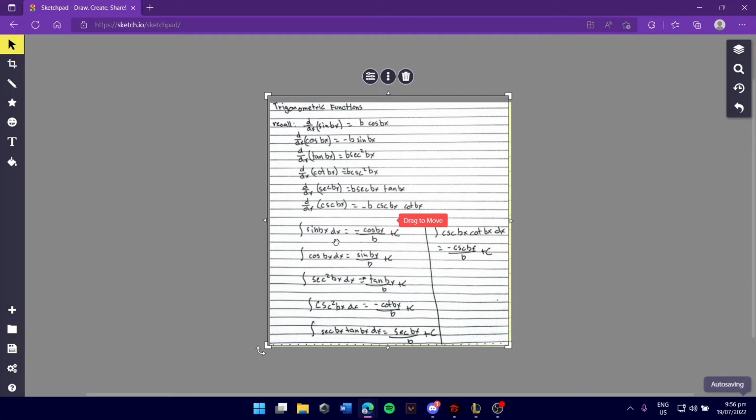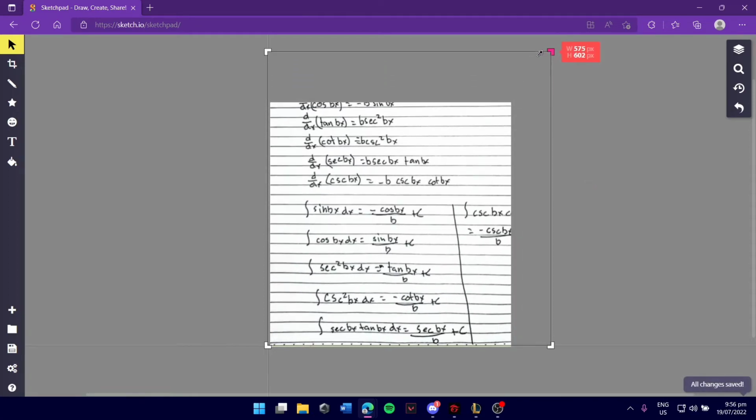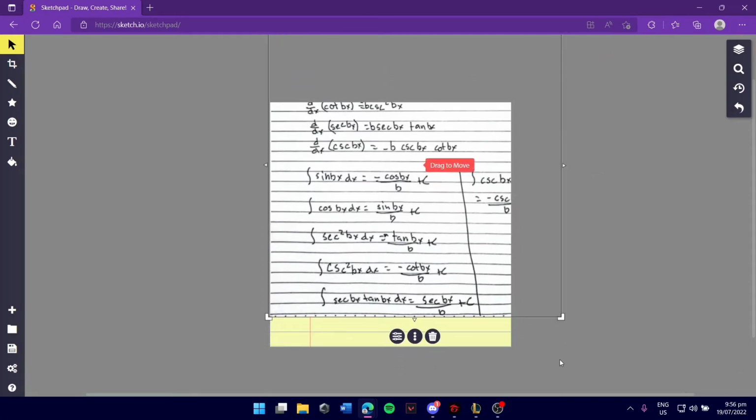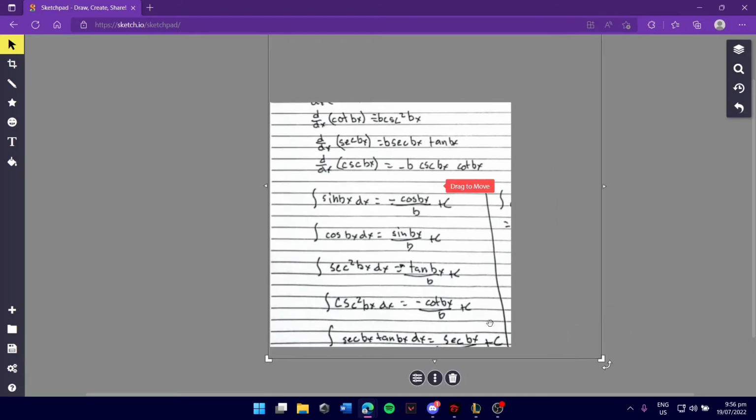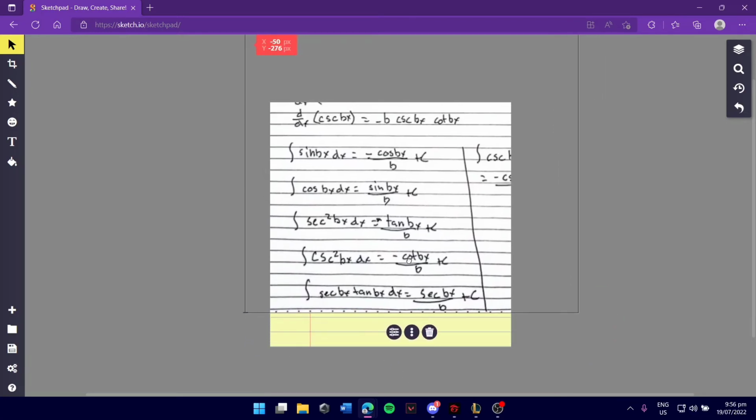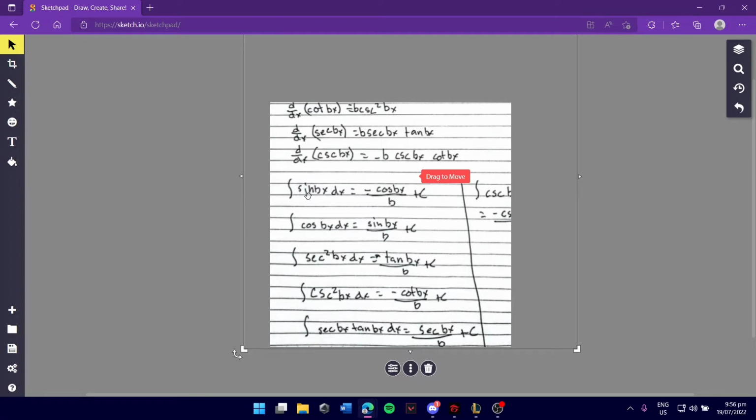So, in integral calculus, the trigonometric formulas are: the integral of sine bx times dx is equal to negative cosine bx over b plus c.